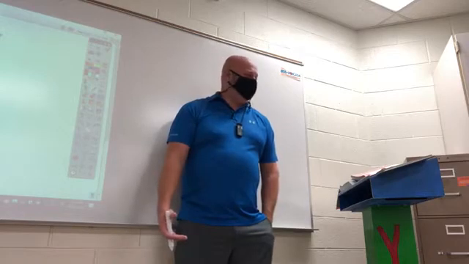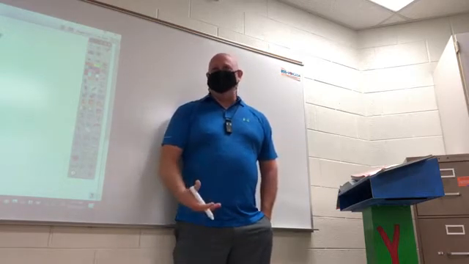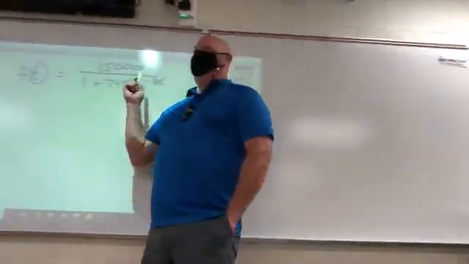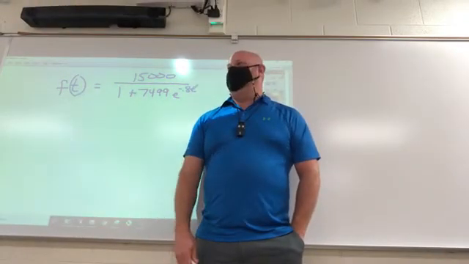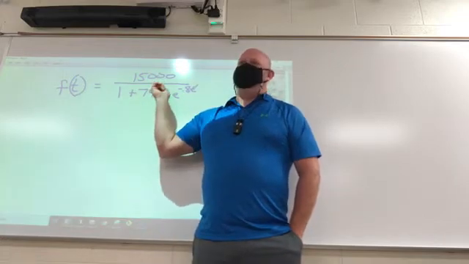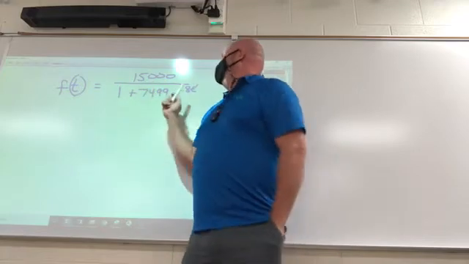This formula is used to calculate how fast a virus would spread. This is epidemiology in a nutshell. This is an example of a virus spreading through a population. What do you think that 15,000 is? How many people you've got in town?